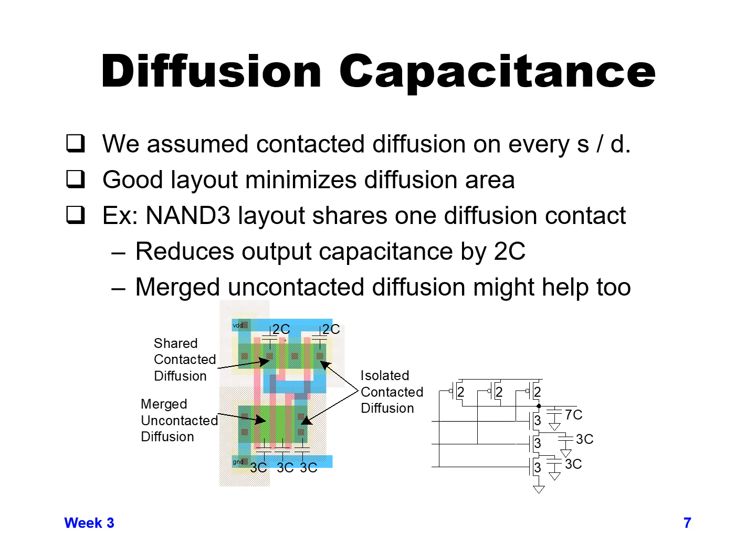For example, below you can see some good layout for a NAND 3, where we have 3 PMOS transistors, and the rightmost PMOS transistor has a contact to VDD on its left side, and the output of that transistor is on the right side, and it has a single isolated diffusion contact there, so it needs a 2C capacitance added.